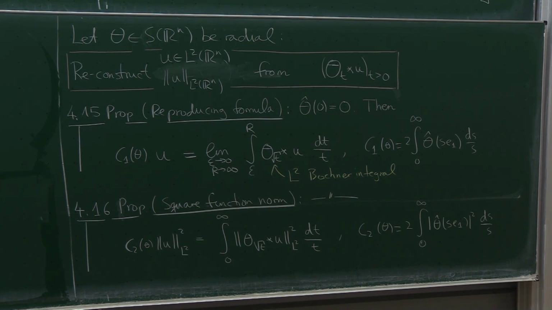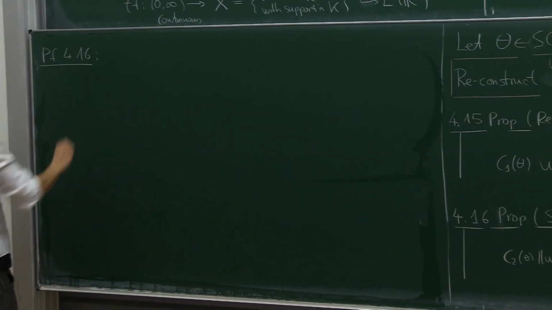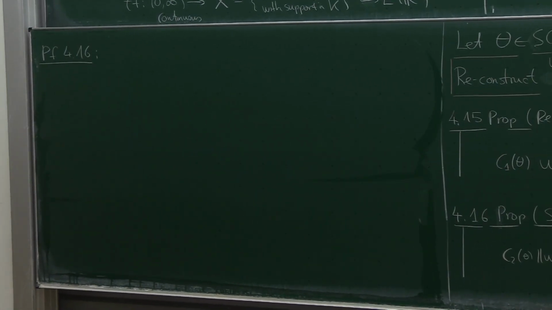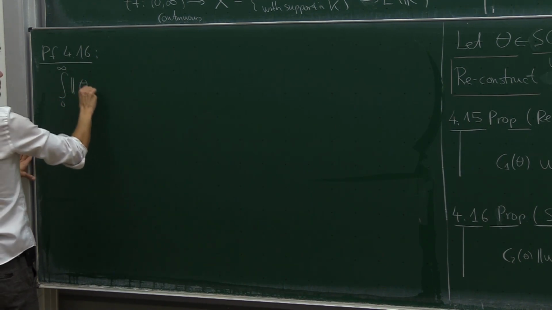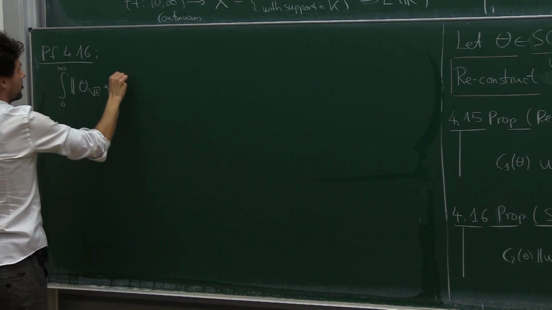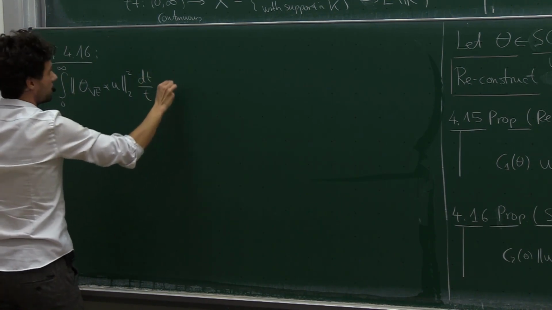let's see. Proof of 4.16. 4.16 is the square function norm. I claim it's much easier, okay? Because the integral of the mollified guy's L2 norm squared, dt over t.